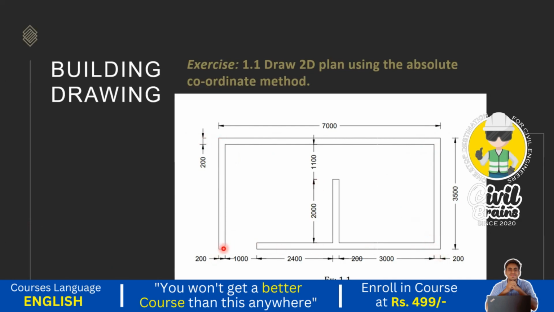Always remember, while using the absolute coordinate method, we first need to identify the corners. Whatever the corner coordinates are, we need to identify them first. Then once you get that, we can easily find the junctions and points, identify all their coordinates, and once we get all that, we just enter them.